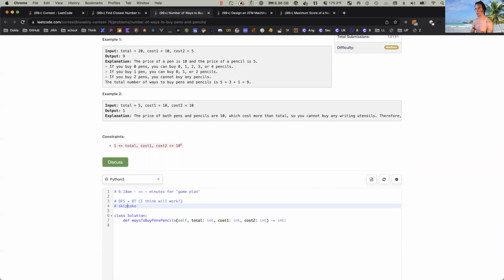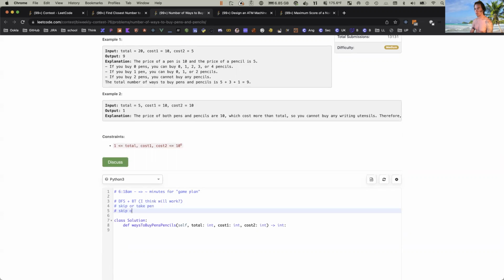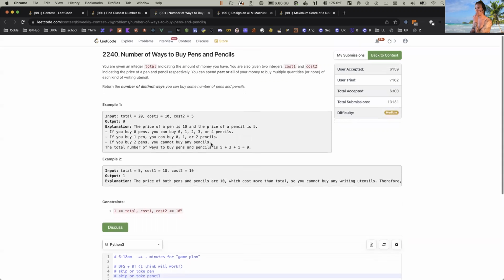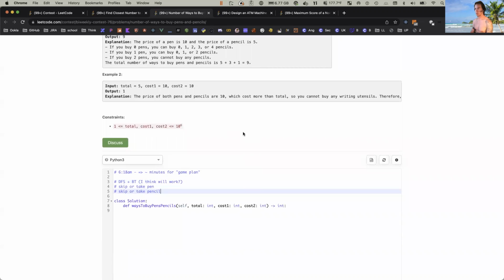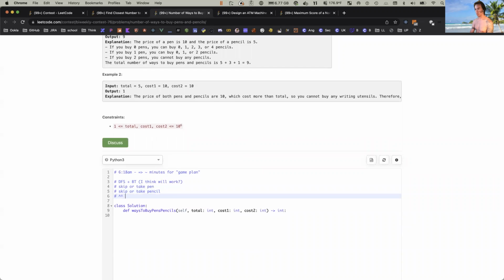We're supposed to skip or take pen. Skip or take pencil. Right, so all possibilities. That's the answer.